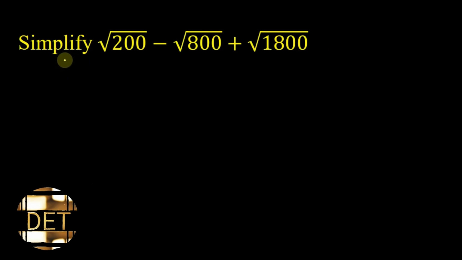Back to the question: simplify root 200 minus root 800 plus root 1800.